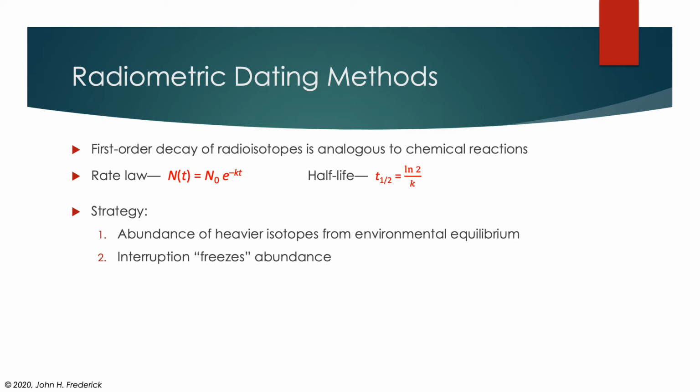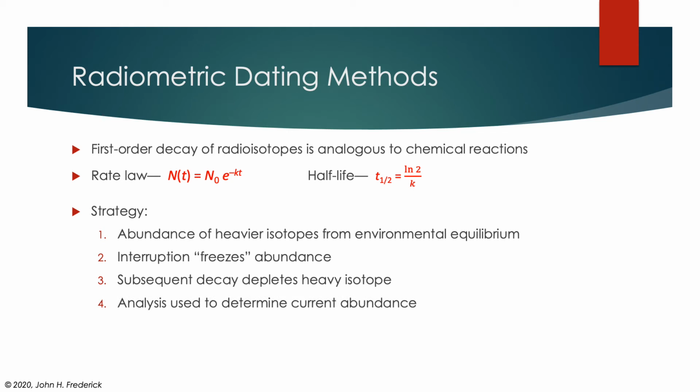It becomes isolated from the rest of the environment, and so it can no longer exchange and no longer maintain that equilibrium. That then will undergo subsequent decay because these radioisotopes don't stay put for long. They will decay into another isotope or another element, and as it decays, that tells us something about how much time has passed since that interruption occurred.